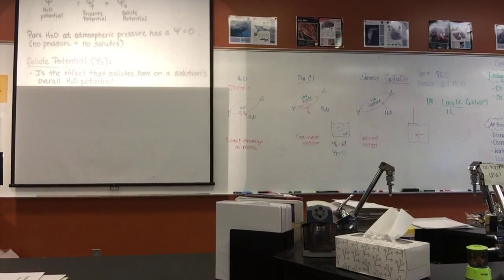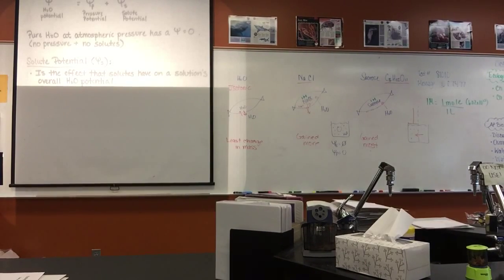What do you think? When you add solutes, what are you doing to the concentration of water? It's going down, right? And water goes from high to low. So the more solutes you add, the more you're decreasing the likelihood of that water to diffuse. Does that make sense?